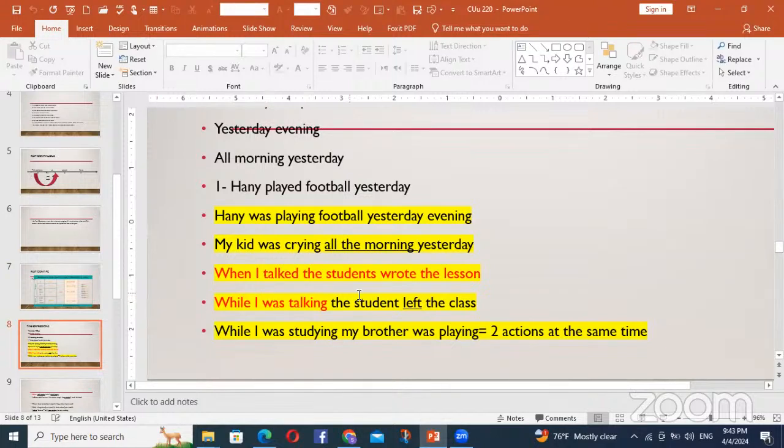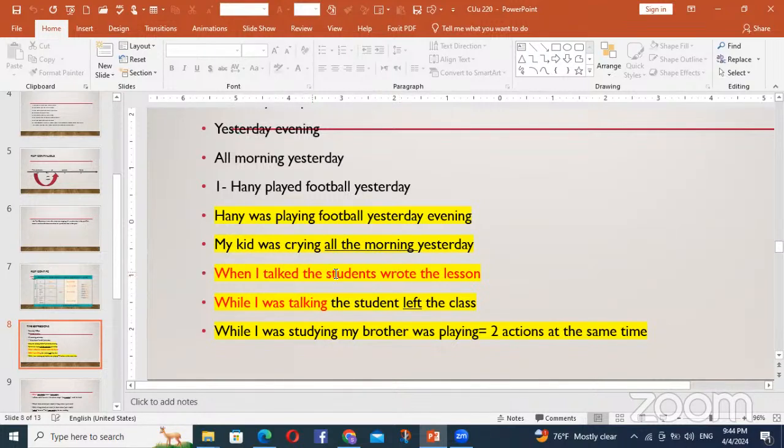When I talked, the student wrote the lesson. Here we have two actions. When I talked was the action, and then the students wrote the lesson. This is another action. So these are two sentences. The subject I, the verb talked. The subject students, the verb wrote. Both of them are in the past.